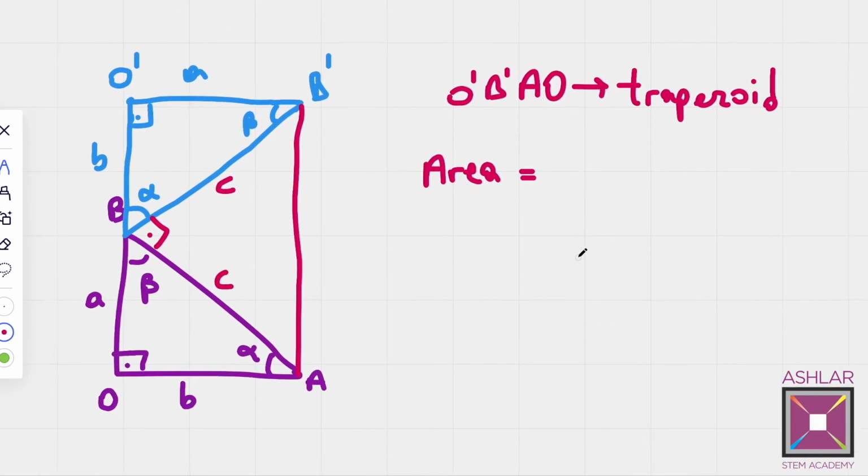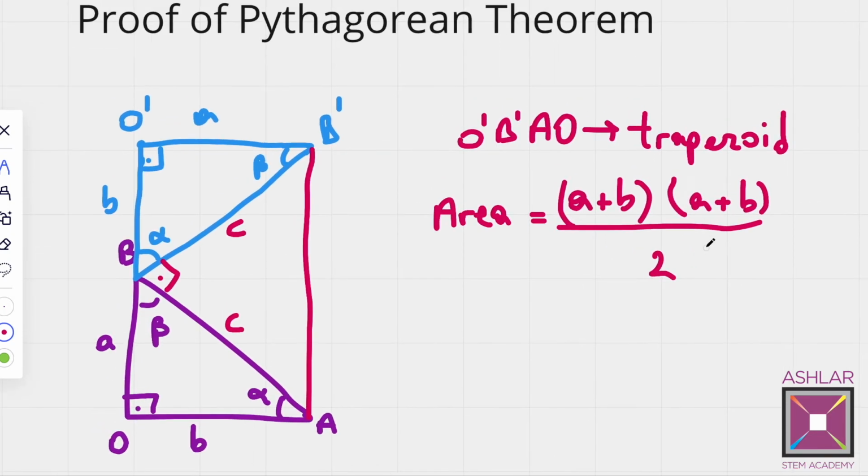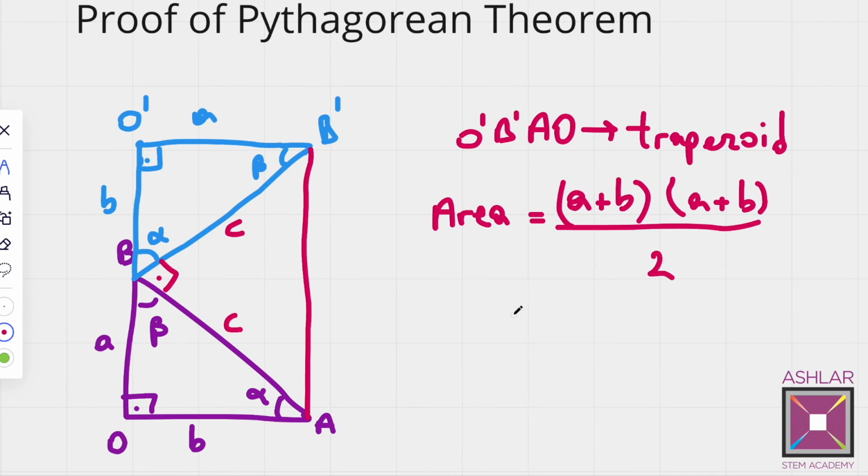So the base is B and the top is A. The height is A plus B. So A plus B, the bottom plus the top sides, times the height, which is A plus B, divided by 2. So this is the area. So there is also another way of calculating the area, right?